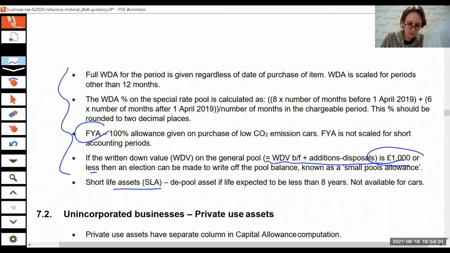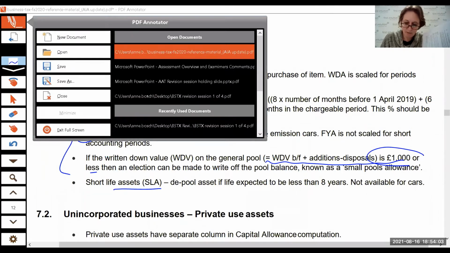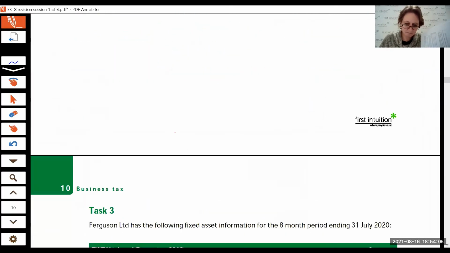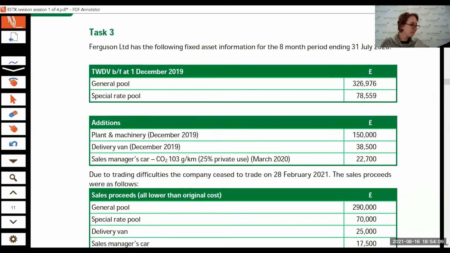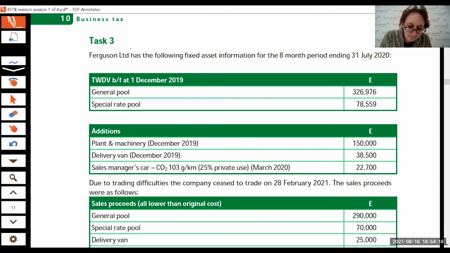Right, the question then, let's get into that without further ado. That's what we're here for, isn't it? Let's have a look at task number 3. So as we begin reading this, let's see some of Anne's little red flags. First thing, Ferguson Limited. That one little word, those 3 little letters tell me I am dealing with a company.